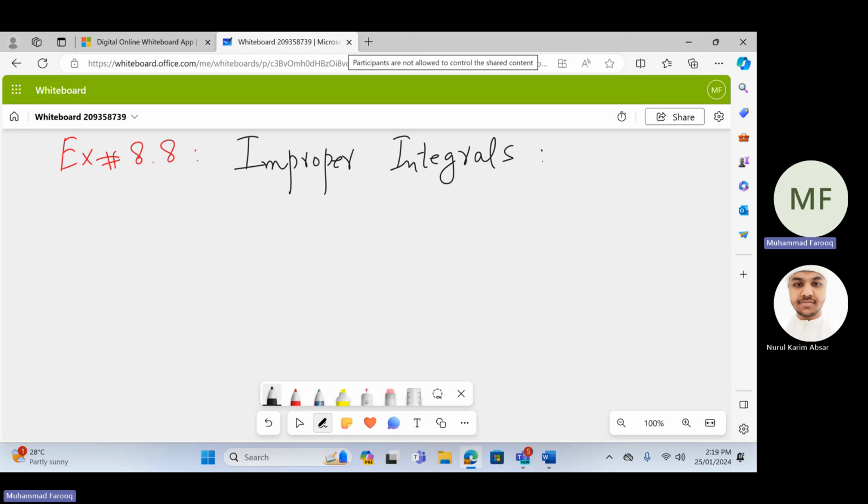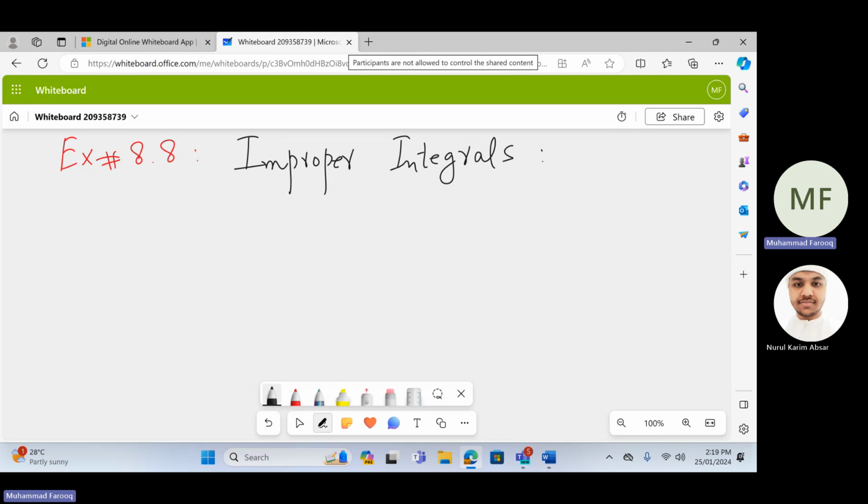Yeah, basically. Actually, there are three types of improper integral. I will discuss them one by one. Improper integrals can appear in three different forms.